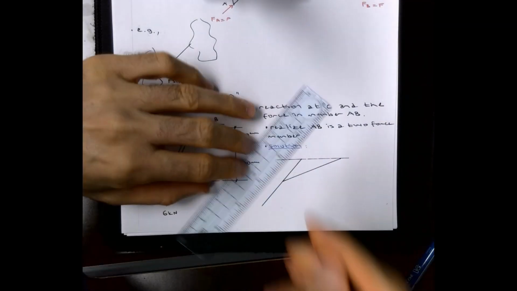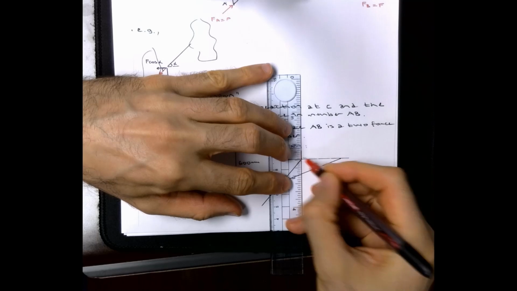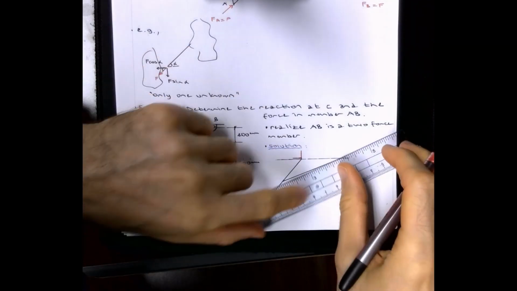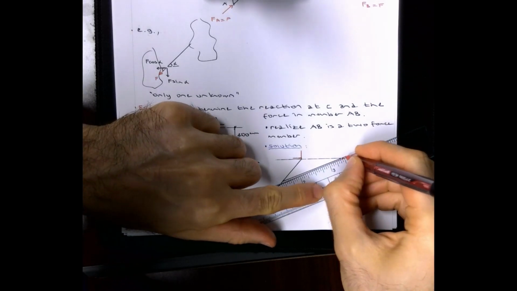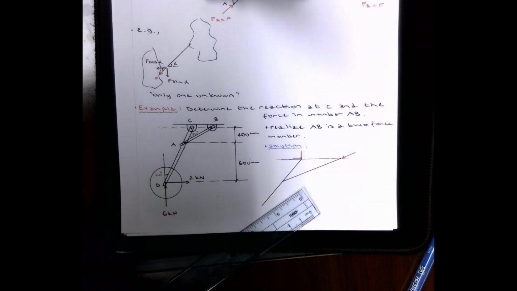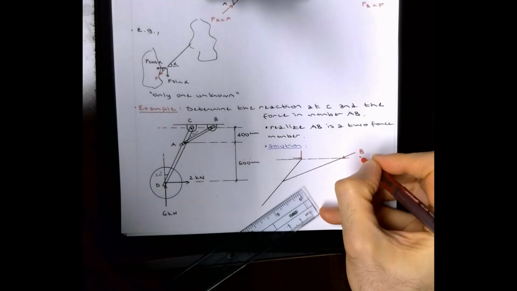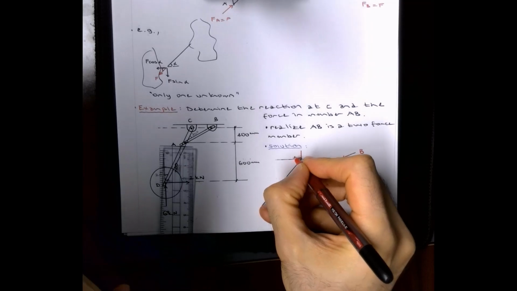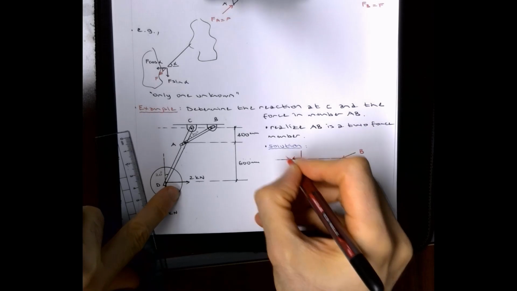Point C, definitely we are going to have 2 unknowns, right? So let's show it like this. This is going to be only 1 unknown, right? And it is very likely going to be this way. Okay, so you can call this B, and then this is, it's going to be probably in this direction, but we'll see.